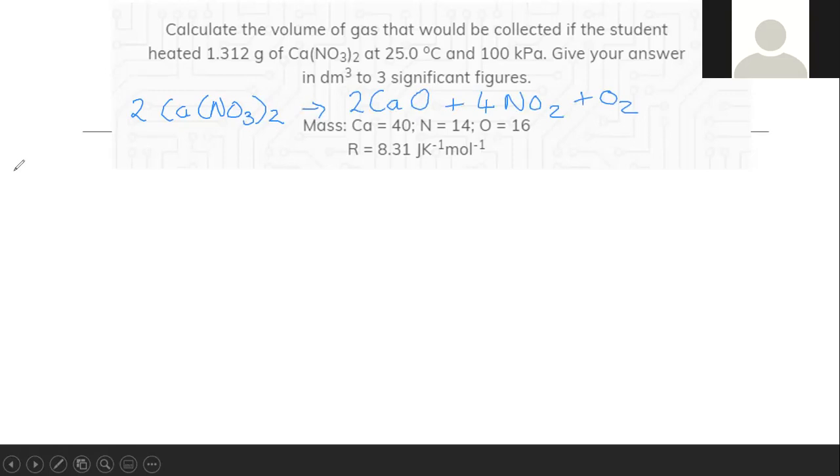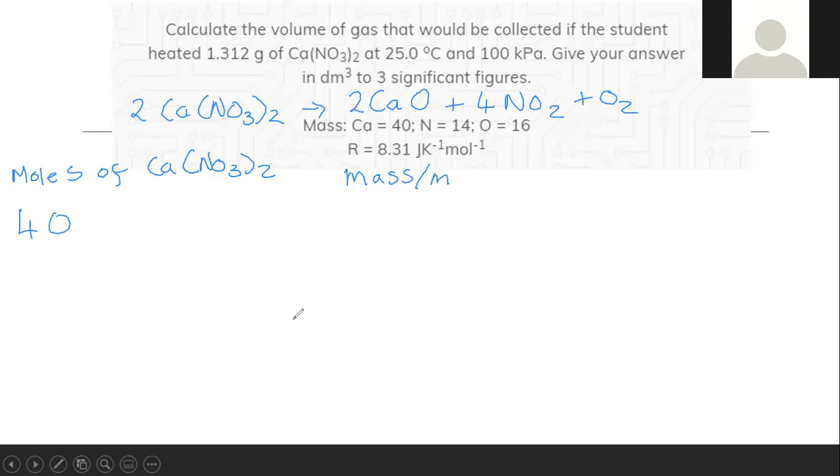So we're going to do mass over relative molecular mass again. Our mass, we're being told here, and we've got 40 for calcium. So we're going to do mass over MR, and sorry, that's relative molecular mass.